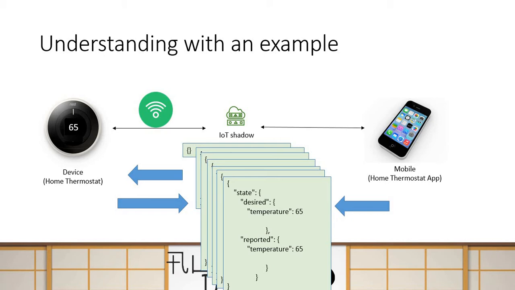What happens is that even if a device goes offline, you can still pass a command for the device, and when the device comes online, it can take the latest command and work on it. So it supports even those devices that can go offline due to network connectivity, or that by nature go offline and online, say because of battery life and those kinds of things. So that's how the device shadow works.